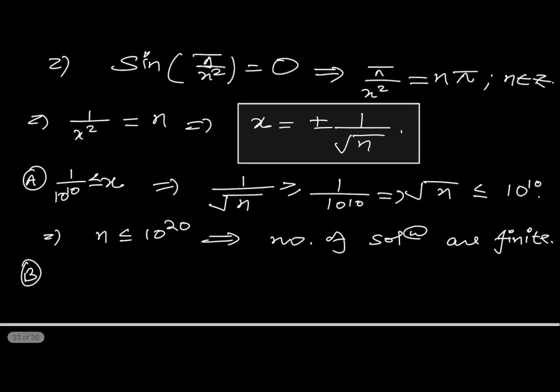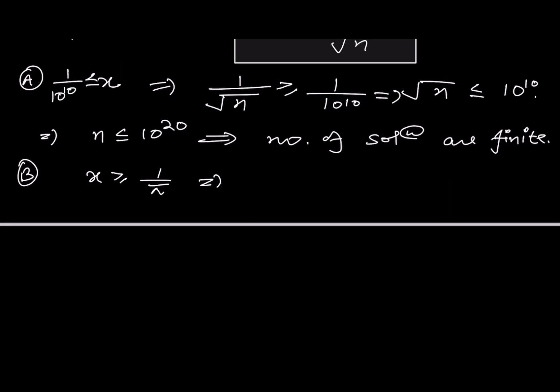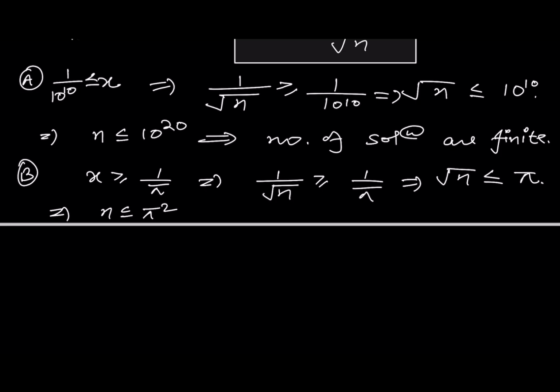If x is greater than or equal to 1/π, it implies 1/√n is greater than or equal to 1/π, so √n is less than or equal to π, or n is less than or equal to π². Now π² is approximately 9.8 something.